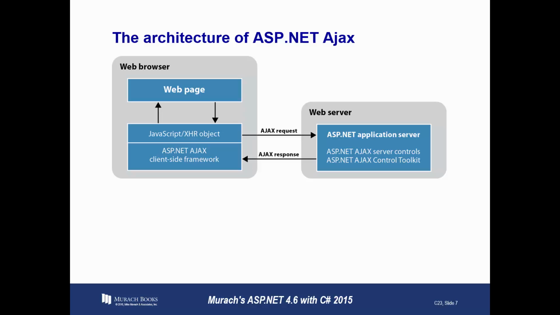However, with an asynchronous postback, the XML HTTP request or XHR object is used to send the view state data to the server. Then the response that's returned by the server is used to update the controls on the page without having to reload the entire page. In other words, it is what's referred to as a partial page refresh.